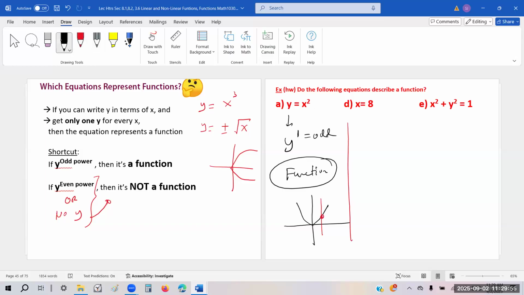Not a function. Why not? So it's a vertical line. X equals 8 is this. So obviously it doesn't satisfy the vertical line test.